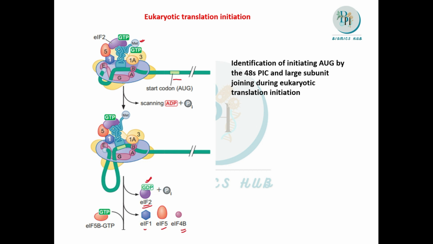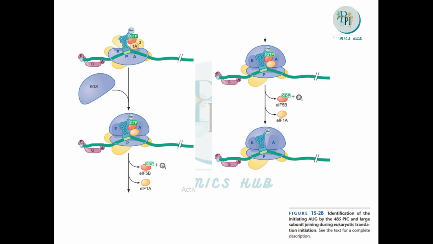So what is the work of eIF5B? This eIF5B helps in the recruitment of the 60S subunit, which is the last subunit in the case of eukaryotes, and it helps in the removal of eIF1A, which was in the A site, which will allow the other tRNA to come and bind in the A site.